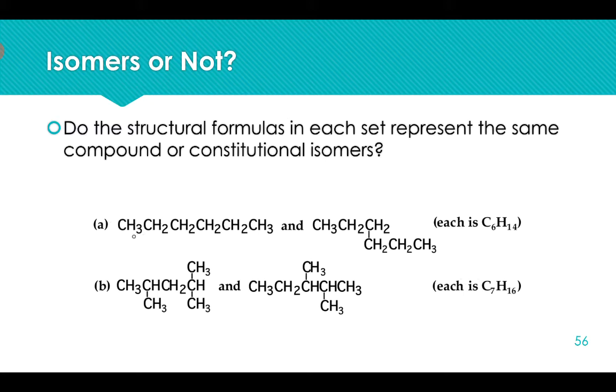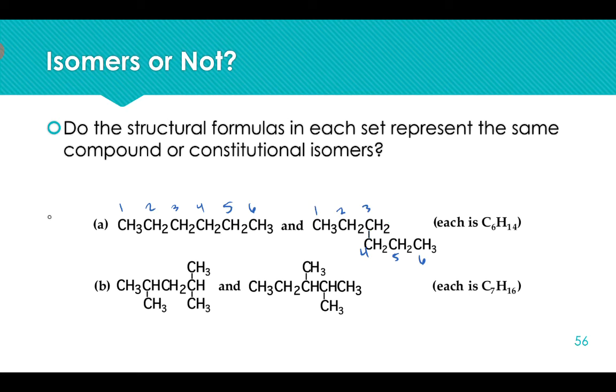Okay, let's go over this. This molecule is 6 long. This molecule is 6 long. And single bonds can rotate. So this is drawn down, but it could have been drawn across just as easily.